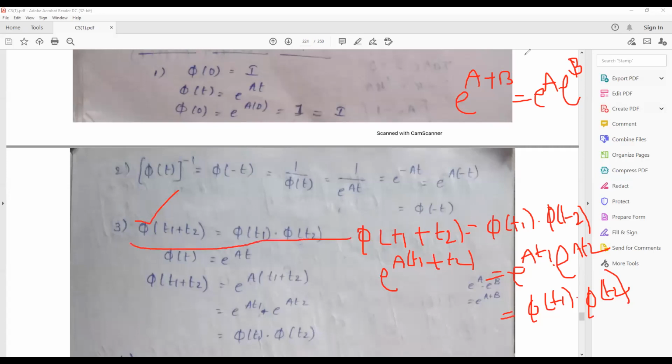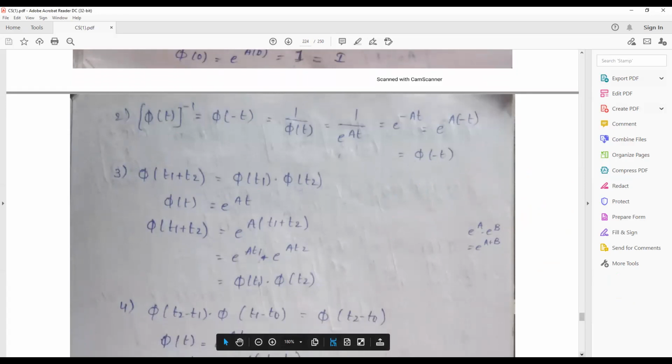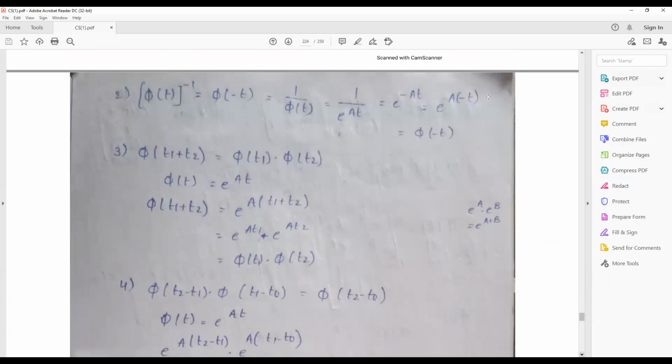Next, the fourth one is phi of t2 minus t1 into phi of t1 minus t0.